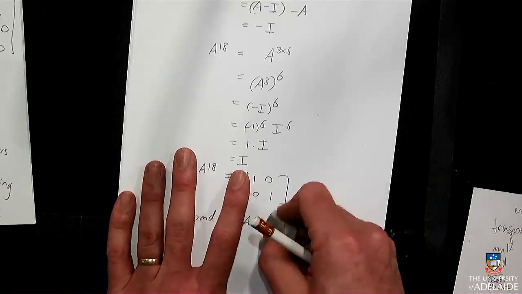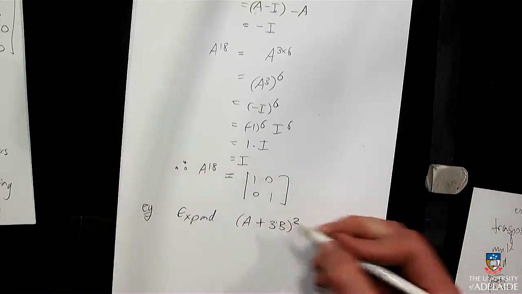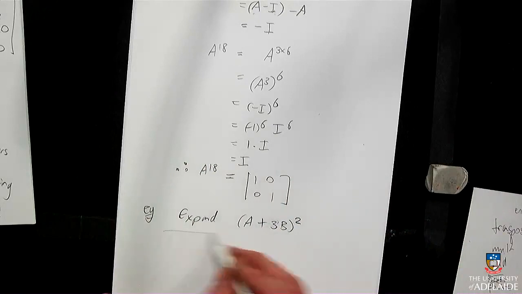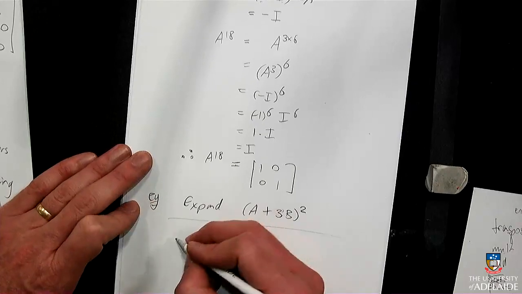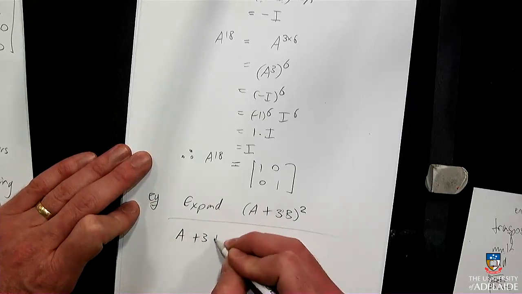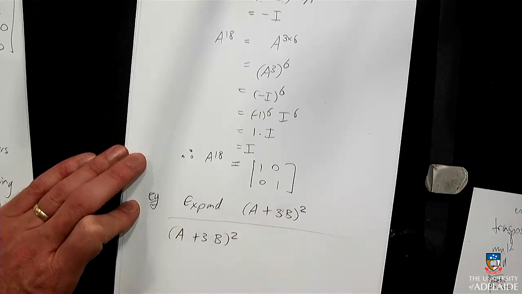Actually, I might change that to A plus 3B so that we can see more easily what's going on. So expand means do all the multiplications you can, really. Make sure you don't write it with any brackets in it. That's what expand means. And so it's a bit of a vague instruction, but that's what it means.